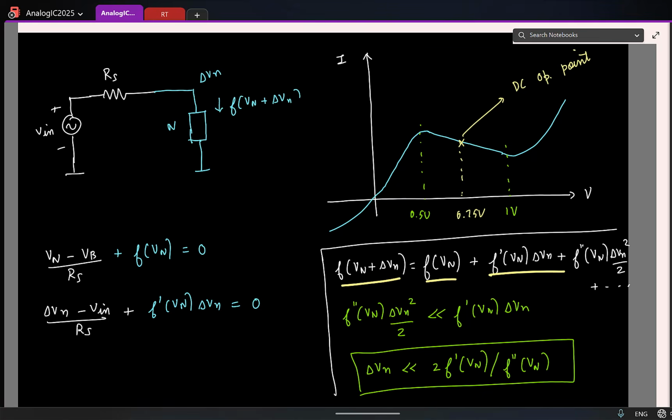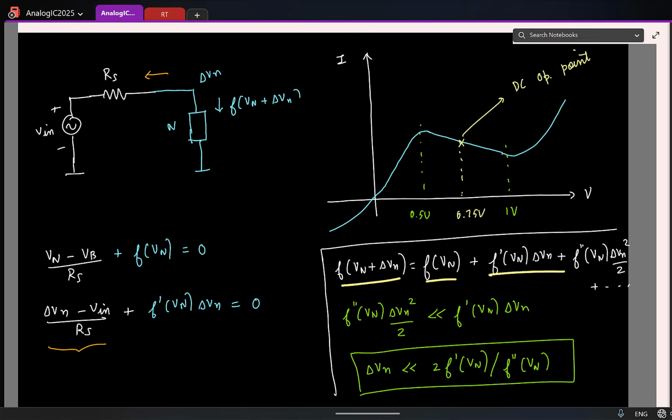So I'll have only delta Vn here. Now you see delta Vn minus Vn by Rs. That is the current flowing in this direction. So this current is what is written here. Maybe I'll use a different color. Let us say this current is what is written here. Now I look at the second term.